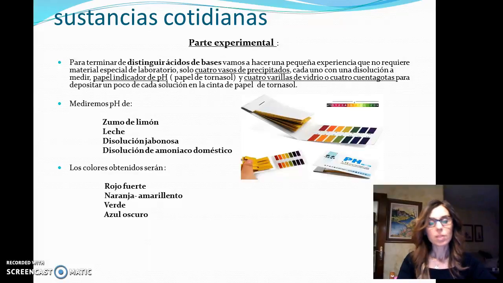This paper changes color depending on the pH, so we can find a strong red, orange, yellowish, green, dark blue, depending on the compound we put on this paper. And so we could see what happened with lemon juice, with milk, with water with soap, or with ammonia from our houses.